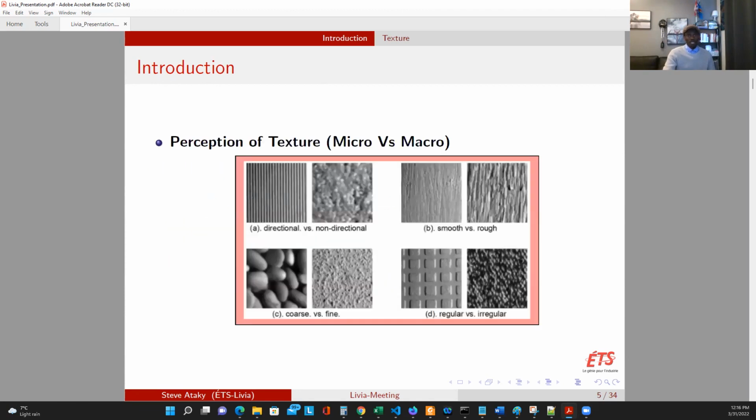So now, this is the perception of textures. We have micro texture and macro texture. We also have some subcategories of it. We have directional, non-directional, smooth, and so forth.